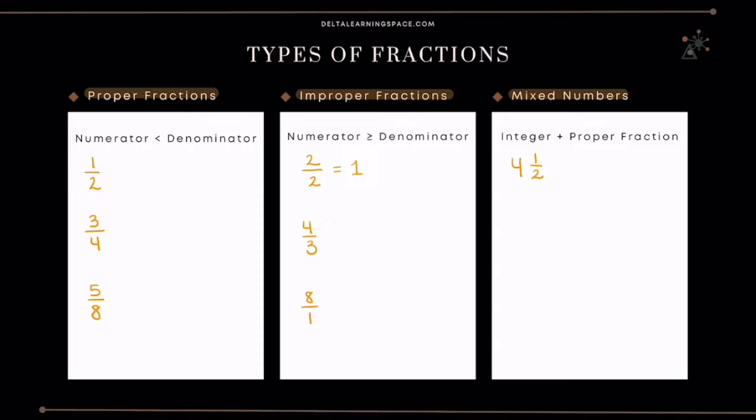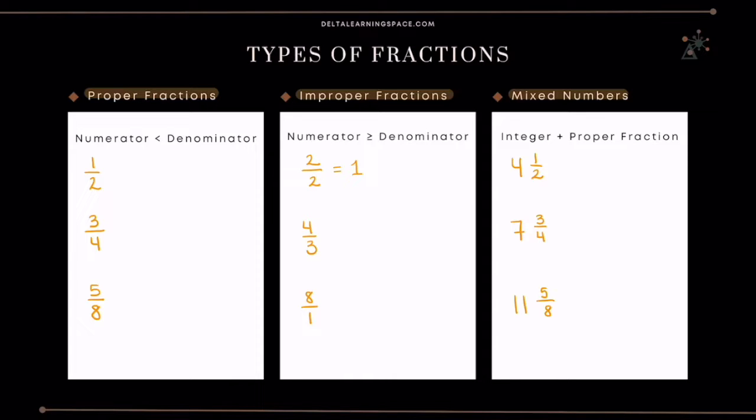Our second example would be 7 and 3/4, with 7 being our integer and 3/4 being our proper fraction. Our last example will be 11 and 5/8, with 11 representing the integer and 5/8 representing our proper fraction.